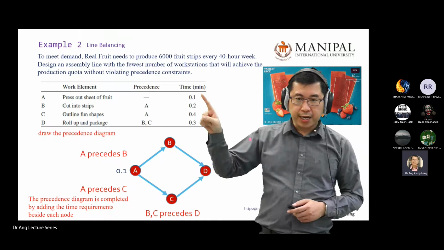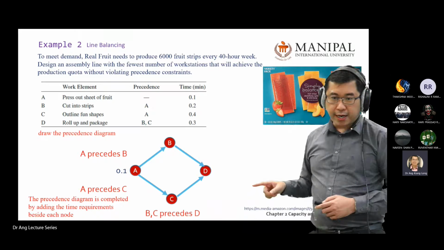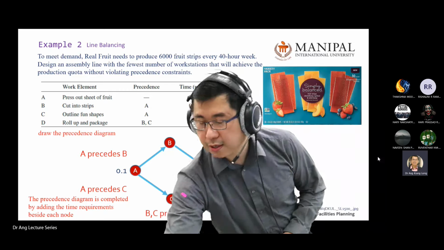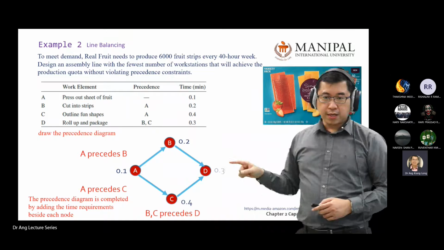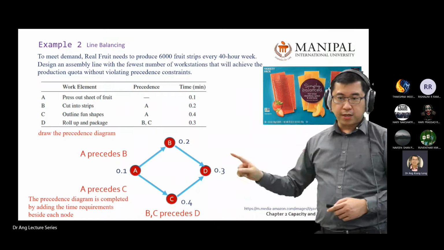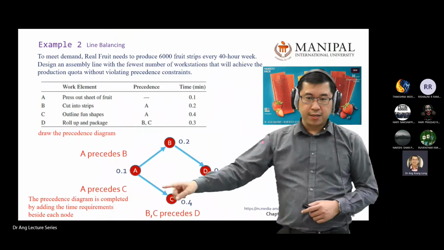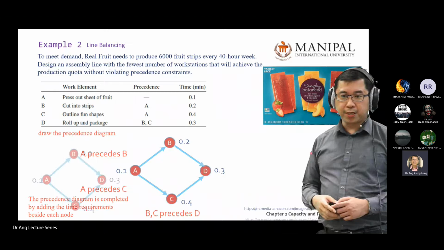For example, A is 0.1, you put it just beside A, and so on. So put 0.2 for B, 0.4 for D. Okay, this is a complete precedence diagram. So you need workstation, arrow, and time.